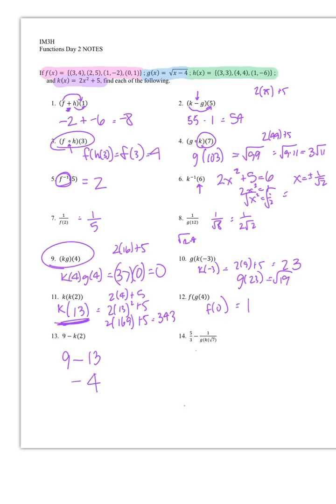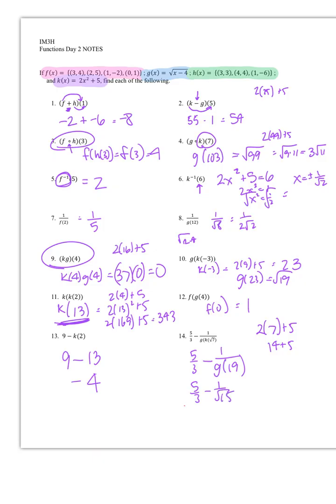All right, and then this last one, this is 5/3 minus 1 over g of, and then let's see, when I put square root of 7 into k, I get 2 times 7 plus 5. 14 plus 5, so that's 19. Let's keep going. 5/3 minus 1 over the square root of 15.